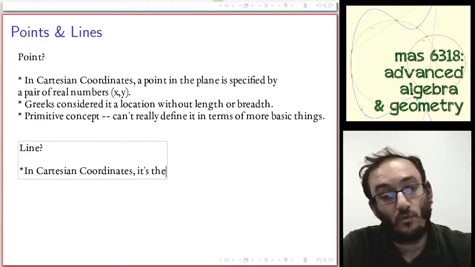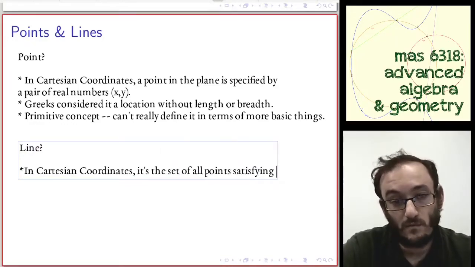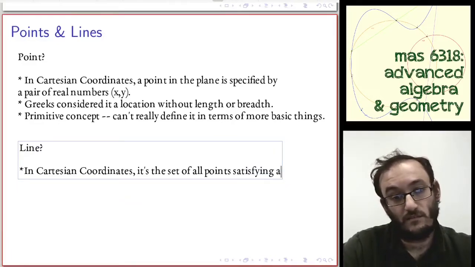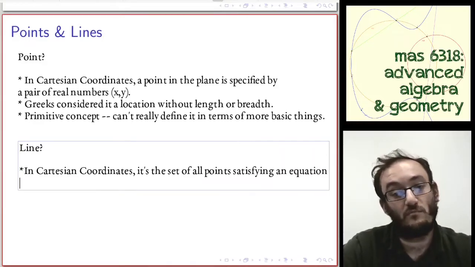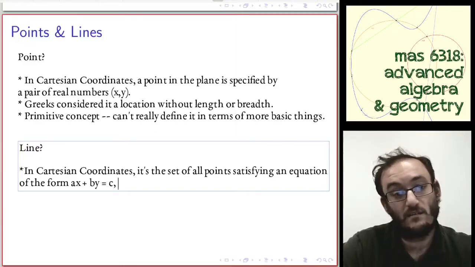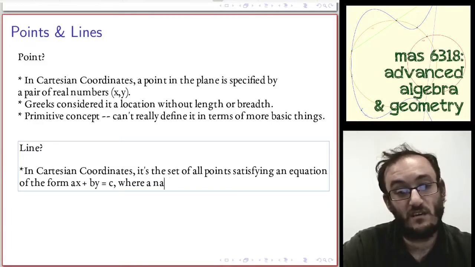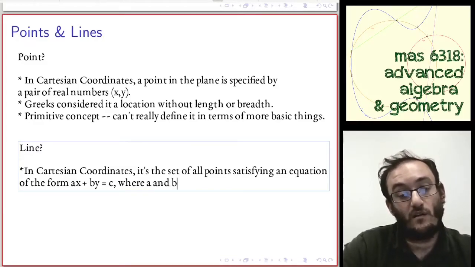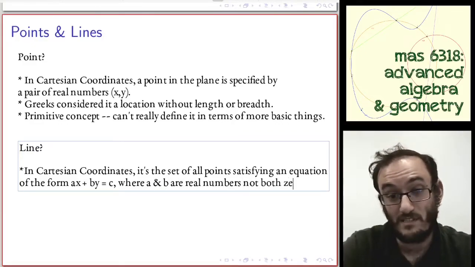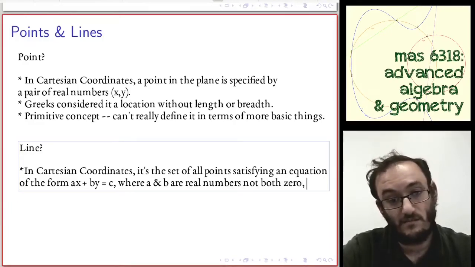It's the set of all points satisfying an equation of the form ax plus by equals c, where a and b are real numbers, not both 0, and c is also a real number.